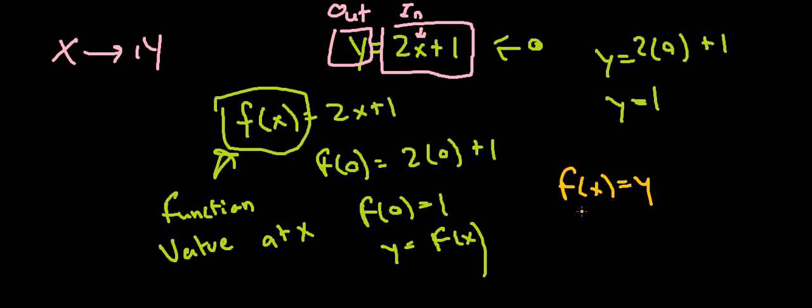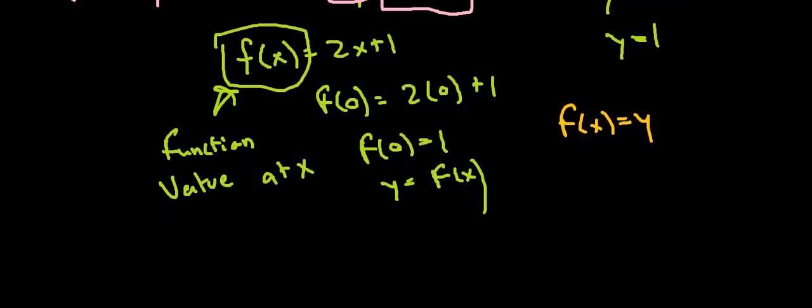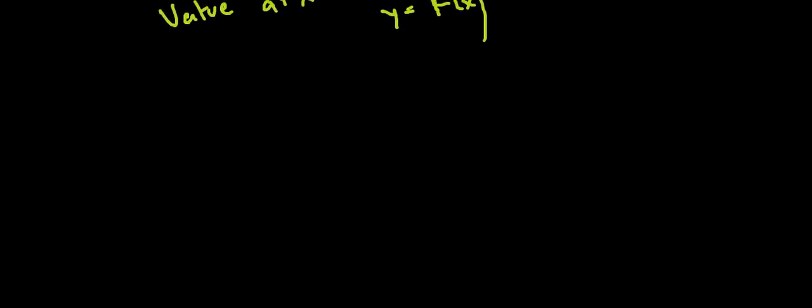For now, you can use whichever you like, but in this section we're going to be learning about function notation, so let's use a little bit of it. Let's do f of x is equal to 2x plus 1.